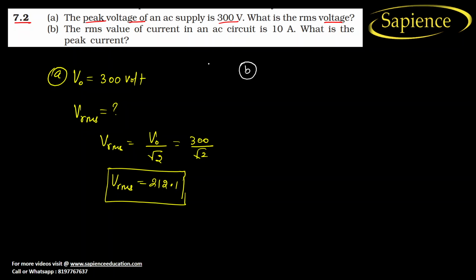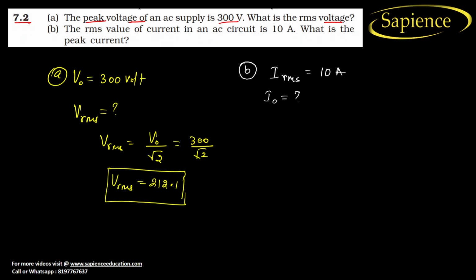Part B, they are saying that the RMS value of the current in an AC circuit is 10, that is, they have given IRMS as 10 ampere. What is the peak current, that is, I naught?